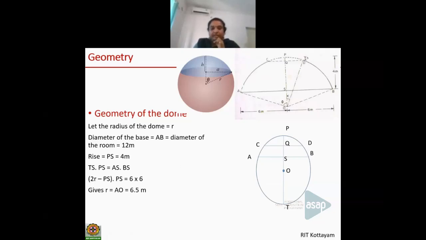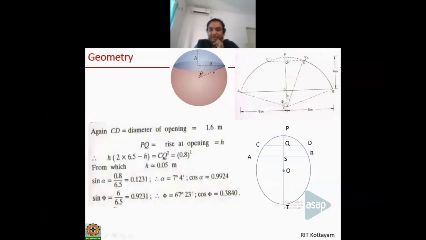Right. Next, what parameter do we need? Again, we have to find the H value. H means the distance PQ, or the rise at the opening. We already have the radius value.